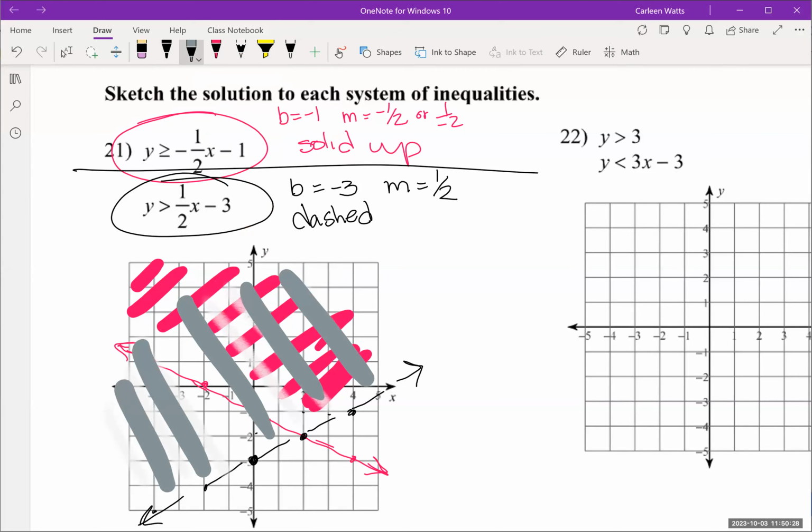Okay. Now, the solution, here's the trick here. Because there's two, we are looking for where they overlap. So we are going to erase that part. Here's the solution.